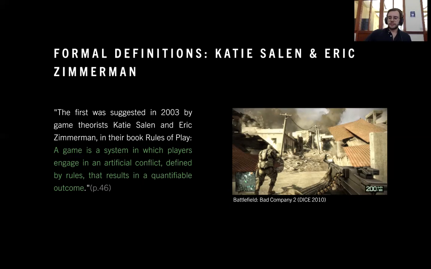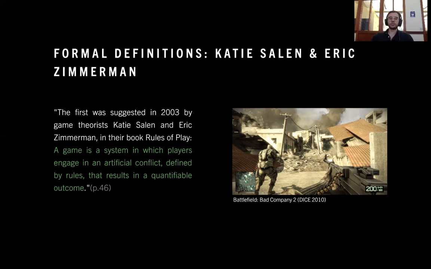The last two formal definitions that we will have a look at are very close to each other, and we begin now with Katie Salen and Eric Zimmerman. The first was suggested in 2003 by game theorists Katie Salen and Eric Zimmerman. Remember these names, they are very important figures in game studies.